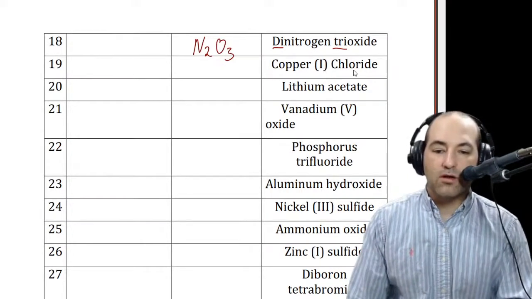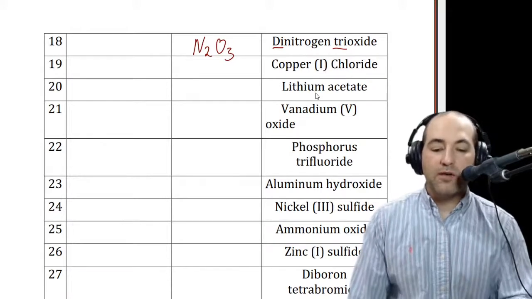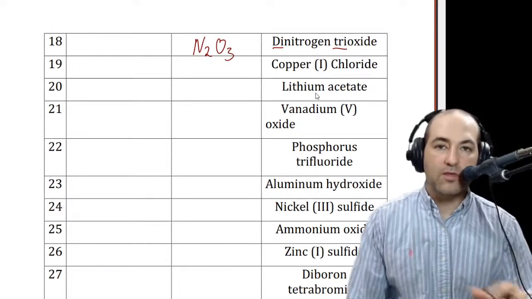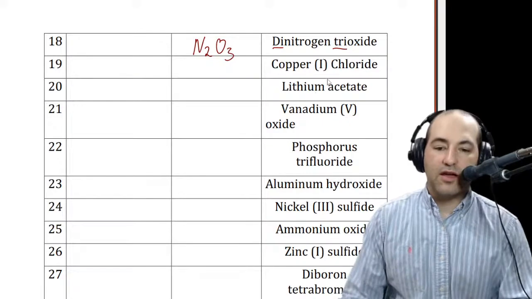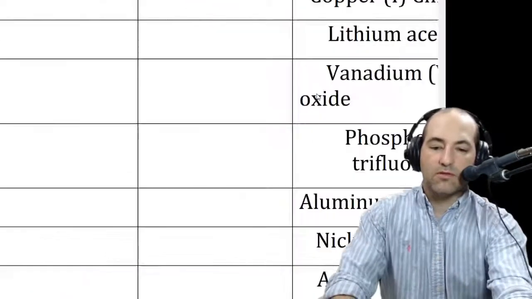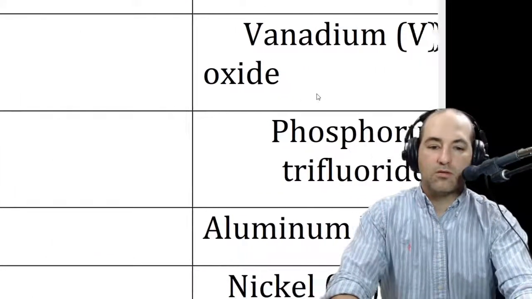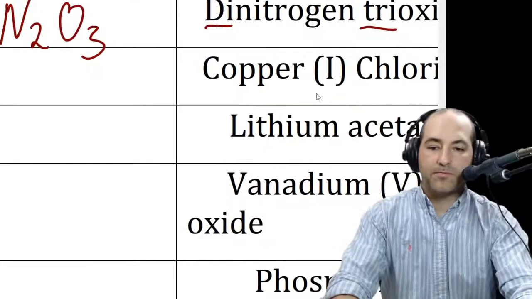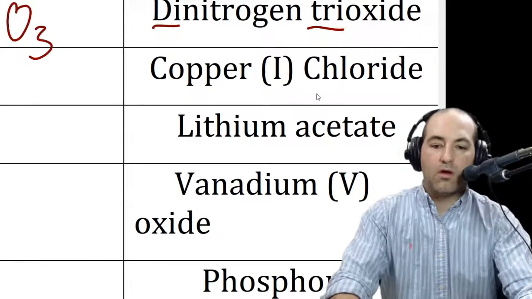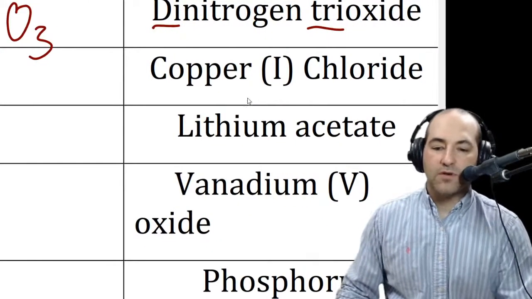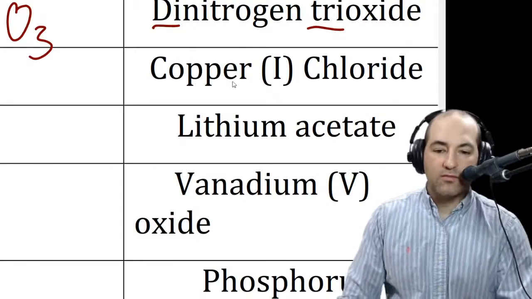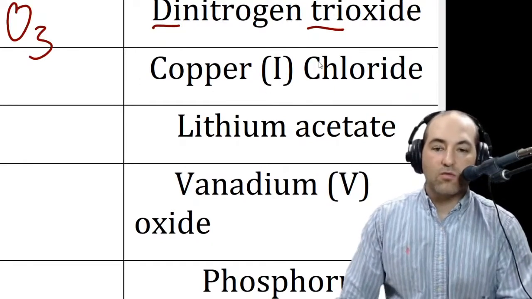So copper(I) chloride. Let's think about what information we get from the name, and then how we put that together. Just to give myself a little more room, I'm going to zoom in on this a little bit. So copper(I) chloride, you want to first ask yourself, what does that tell us? What that tells us is what the two ions are.